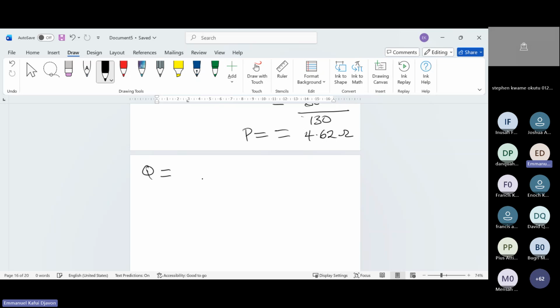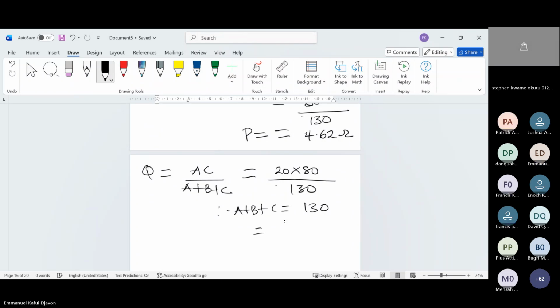Q will be equal to A times C, right? AC all over A plus B plus C. 20 times 80 all over 130. Am I right? Because A plus B plus C is equal to 130.